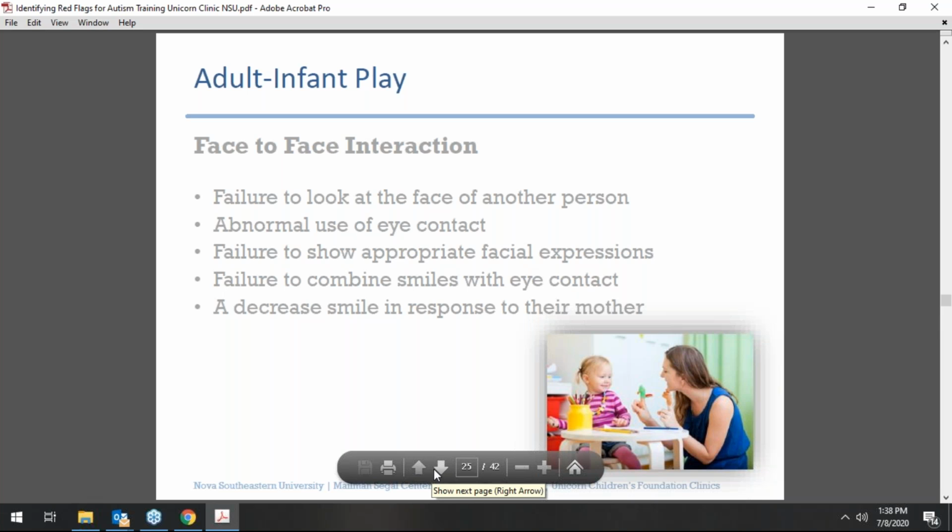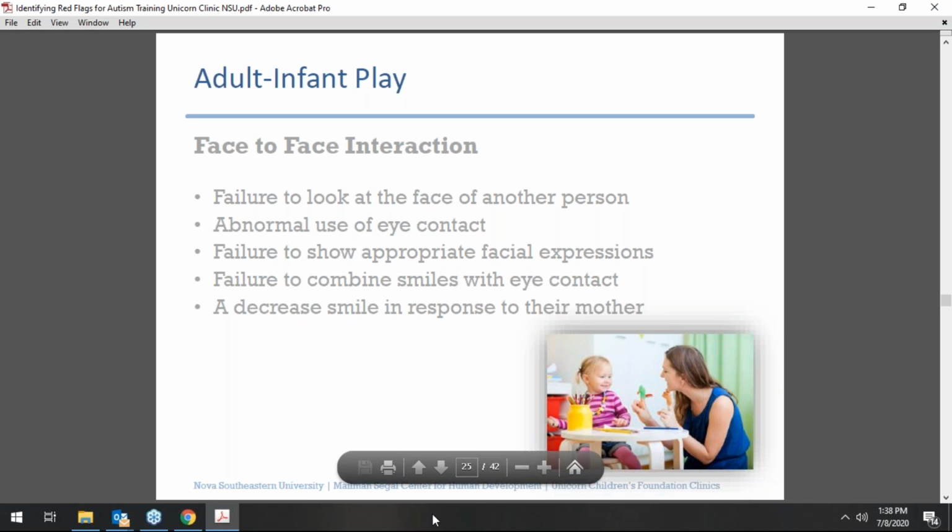And like Dr. Merlo mentioned before, that failure to show appropriate facial expression. So you might see extremes like happiness, enjoyment, or the other extreme, frustration. But facial expressions like confusion, surprise, shock, those may be more limited. And combining smiles with eye contact is something else.